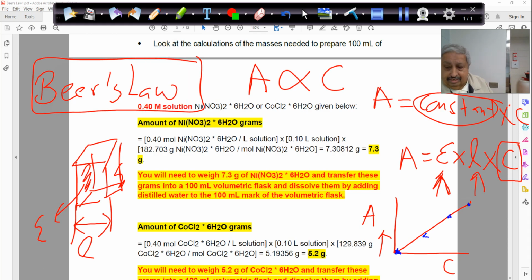You will not get that. It will act like this, see here now? Watch it. No more linear relationship. It will come to a type of saturation. It will stop. So Beer's law works only for dilute solutions. Make sure that you understand this. Only dilute solutions.